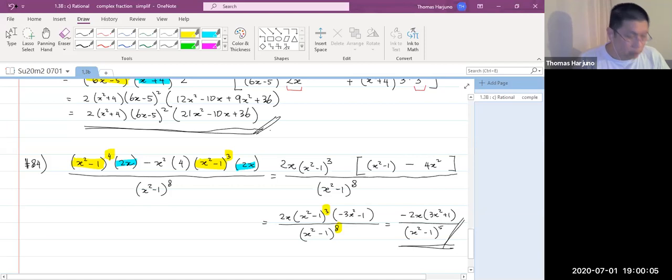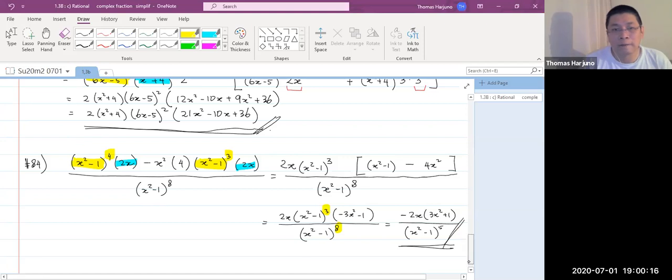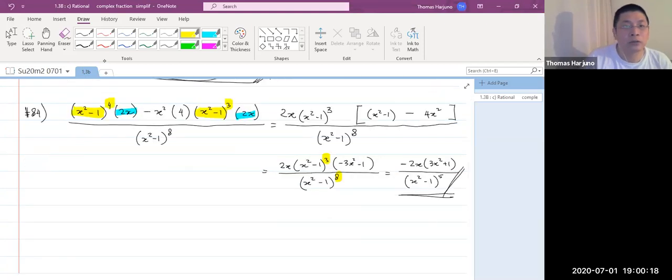Now, the reason I went over that is because imagine if we need to deal with fractional exponents. Let's say number 88. I will write down the question and you try to work on that. Number 88.